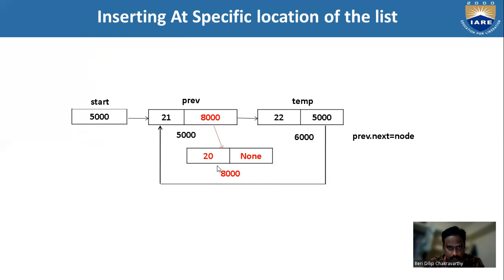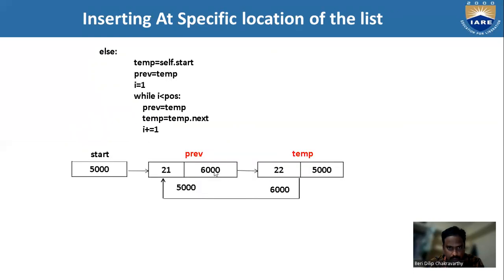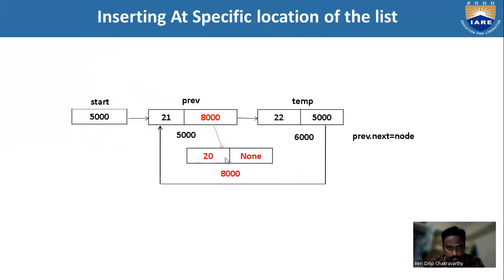For the new node, I will remove 6000 and place that 8000 here. Here I need to remove this none and place 6000. We are not disturbing this link. I'm just trying to insert at the given position. Here I will be storing the address of this node and here the address of this node. That means here I will be getting 6000.